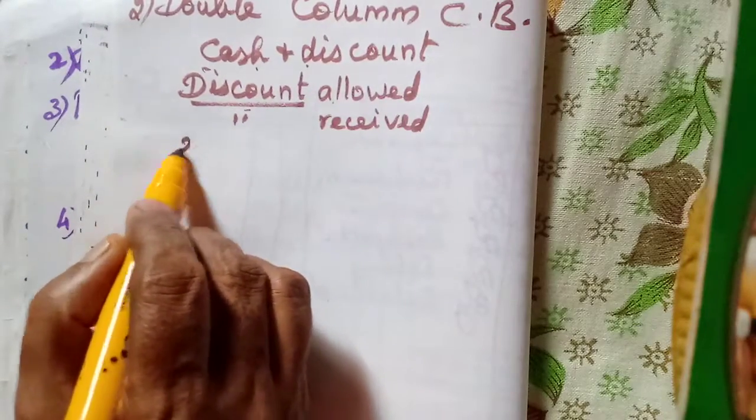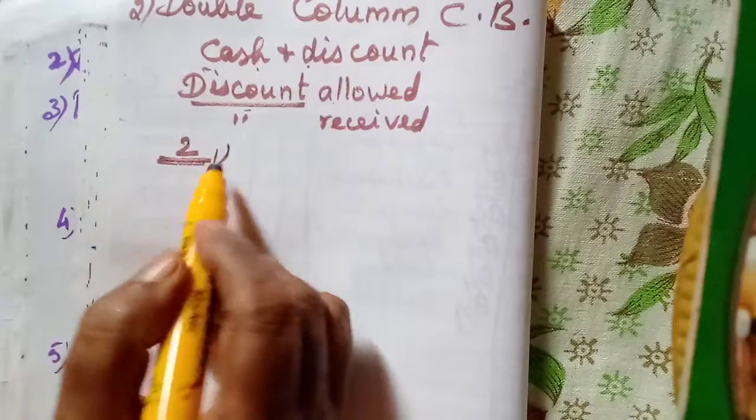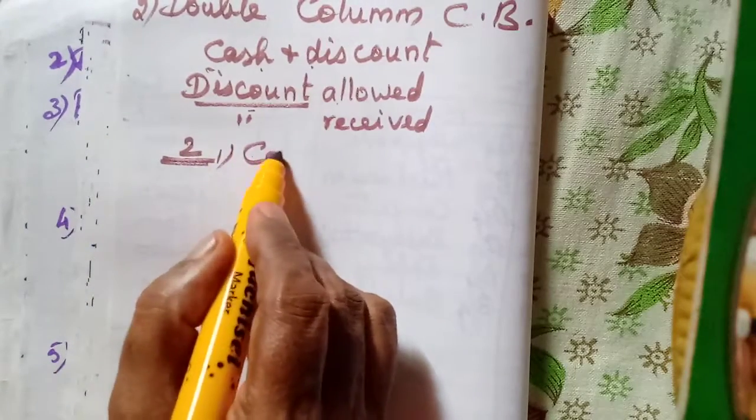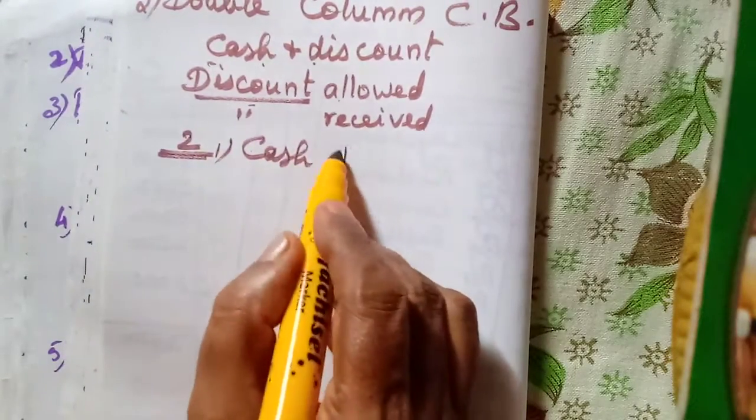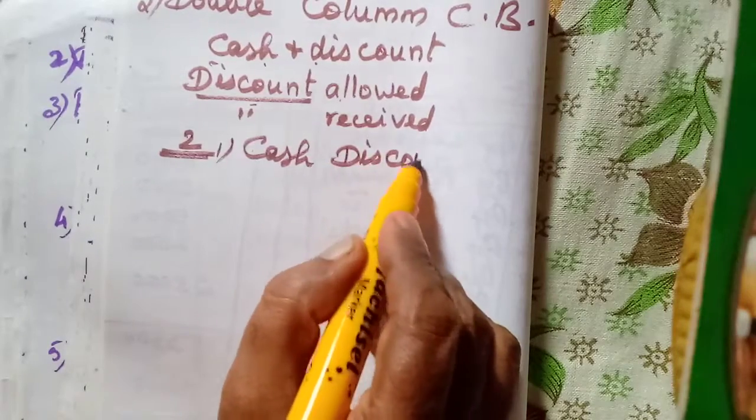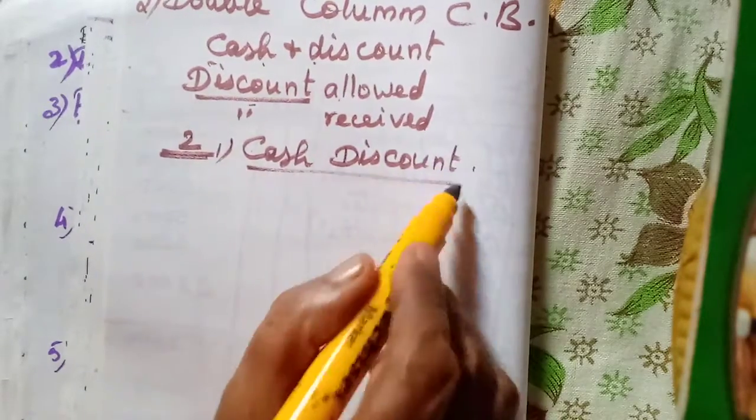Here two types of discounts are there. One is cash discount and trade discount. Now I will explain about the cash discount.